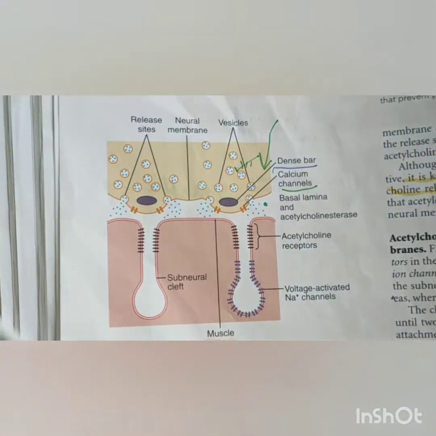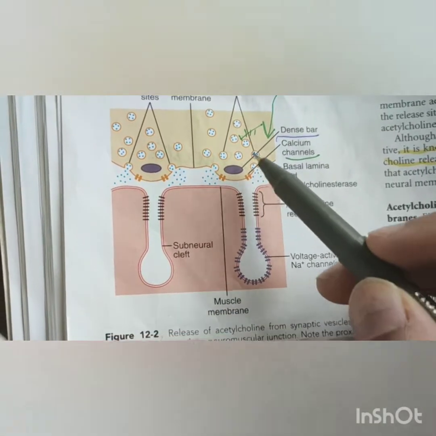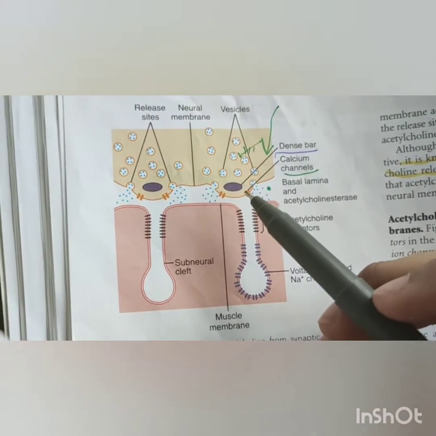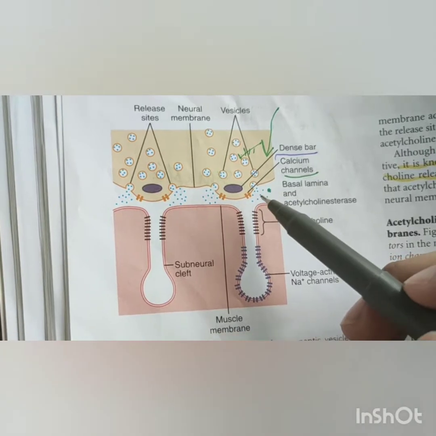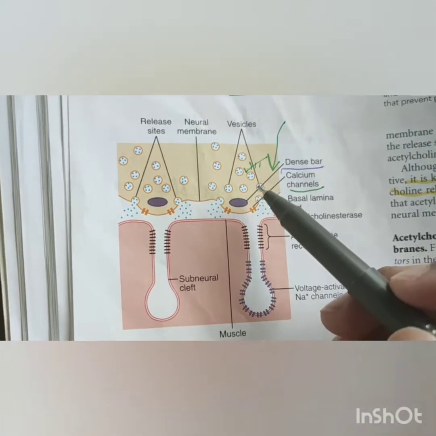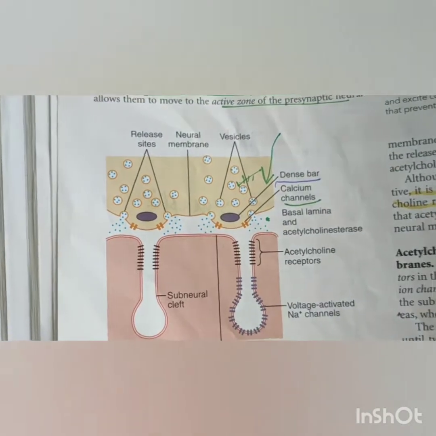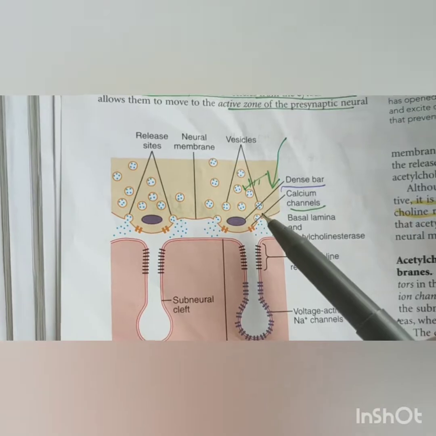Then they are released by exocytosis, as you can see in the process. The effective stimulus for causing acetylcholine release from the vesicles is the entry of calcium ions. That is the main stimulus, but for calcium entry, the action potential is needed.